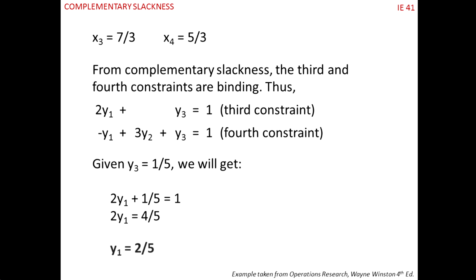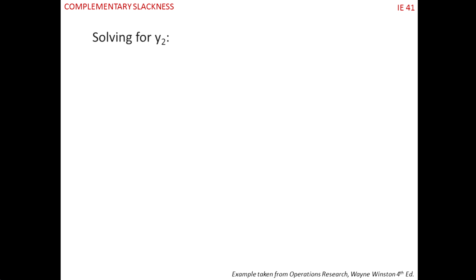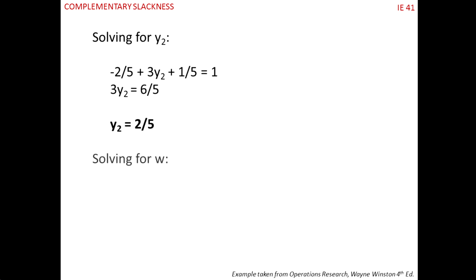Now that we have the values for y1 and y3, we can solve for y2. Negative 2/5 plus 3y2 plus 1/5 is equal to 1, so that 3y2 is equal to 6/5. In conclusion, y2 is equal to 2/5. The optimal solution will not be complete without the optimal z or w value.